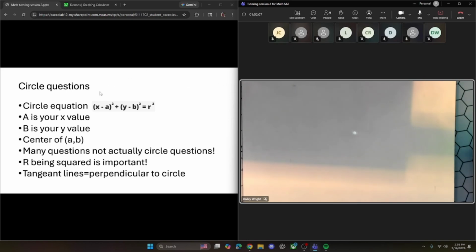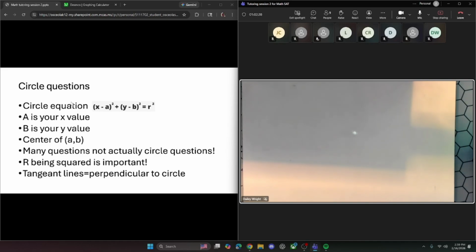On to circle questions. A lot of people are super afraid of any sort of circle question on the SAT. There are some circle questions that are somewhat scary, and there are a lot of harder circle questions on the SAT. But most circle questions on the SAT aren't even circle questions.